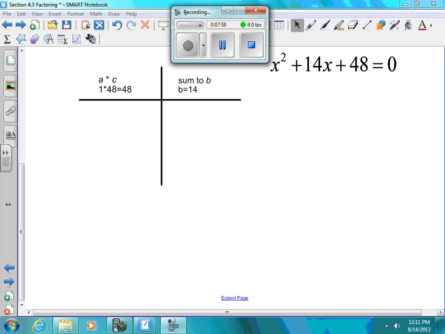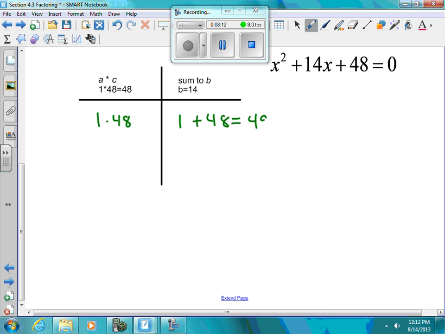So let's start with what multiplies to make 48. Well, here's one that's given to me right there: 1 times 48. That multiplies to make 48. But does it add up to make 14? I think the obvious answer is it does not.